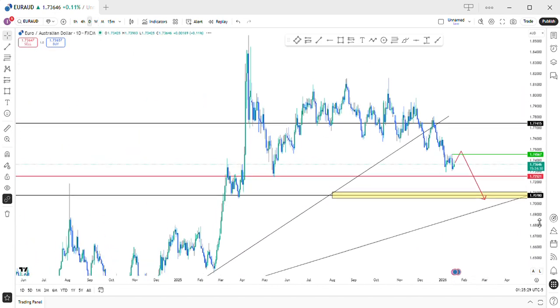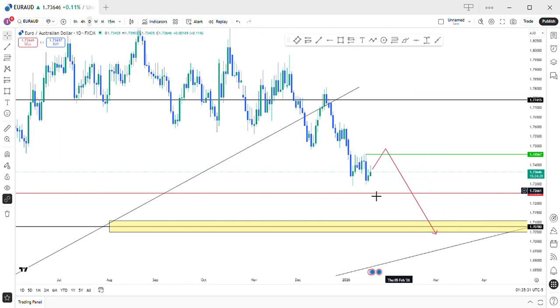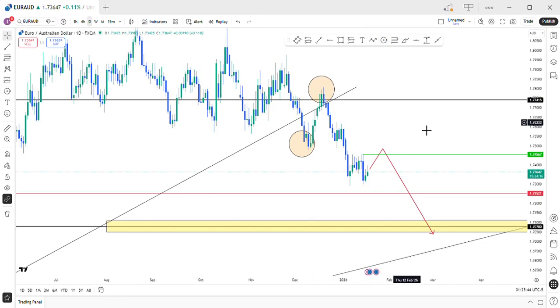On the daily time frame, we could see that okay, price is actually in a downtrend. This is our recent structure right here. You can see it. This was our high, this was our low before price came and put up this high right here.